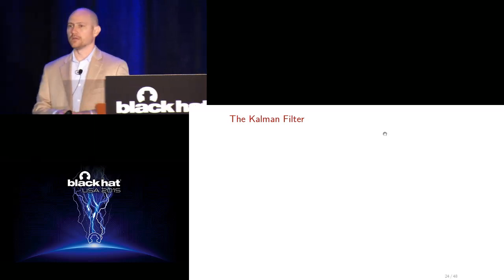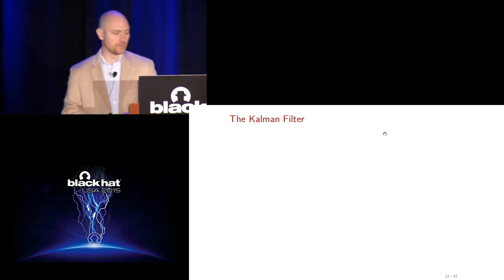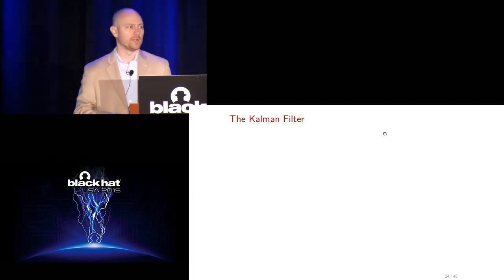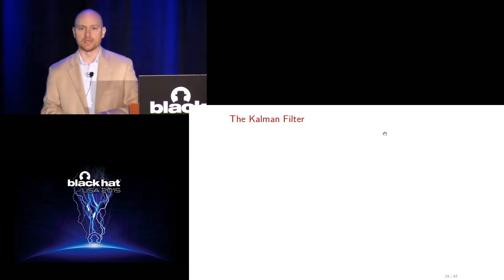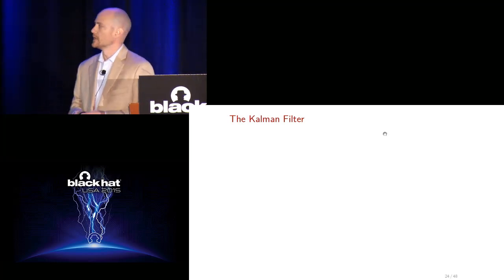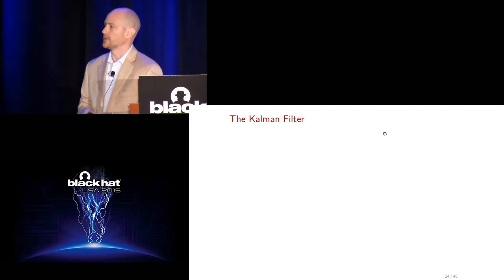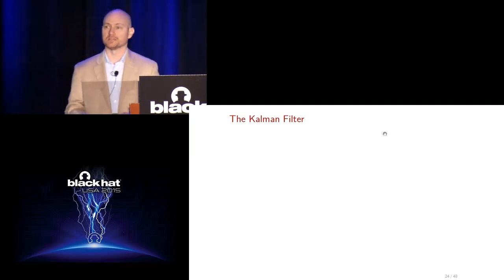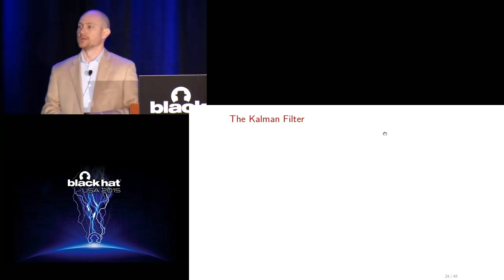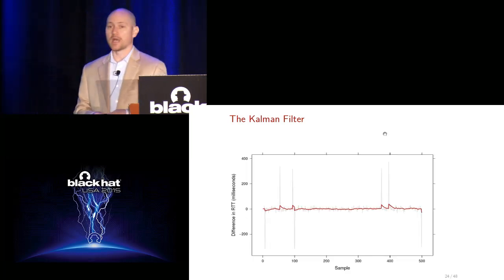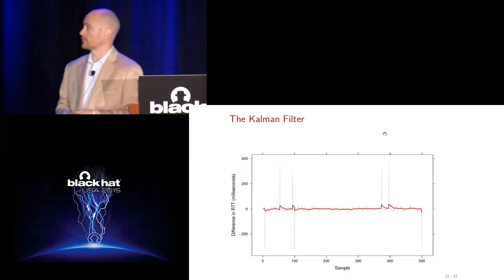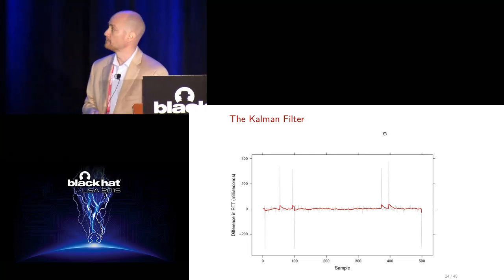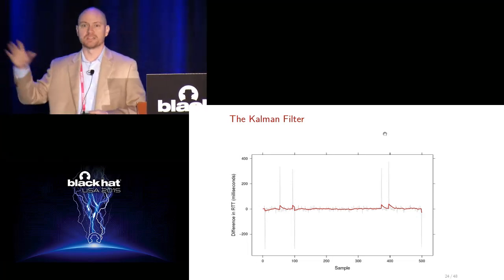The tool that we went to first is something called the Kalman filter. If any of you have ever done signal processing, it's a filter that is used in signal processing quite often. It does a great job under a wide variety of cases of smoothing things out. For example, if we apply the Kalman filter, the smoother, to that round trip time data of differences, this is what we get under one simple specification.